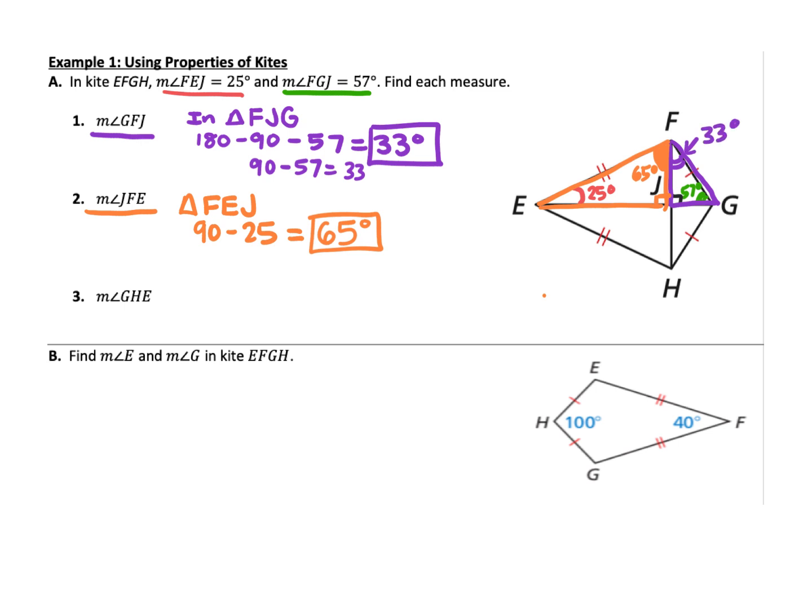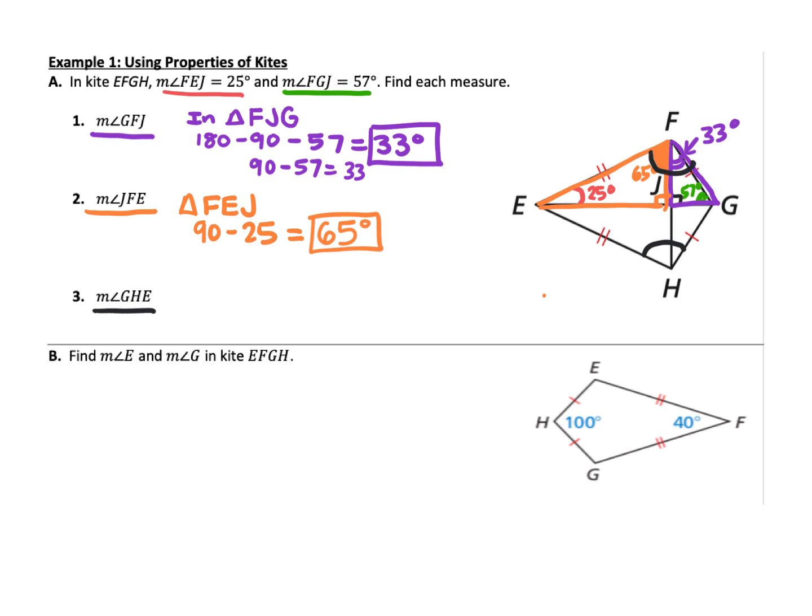So now the final angle that we want to calculate is the measure of angle GHE. And angle GHE is this angle right here. It's that big angle. Well, the first thing we can do is we can find the measure of the two smaller angles. And one thing to note too is that the non-vertex angles are congruent.